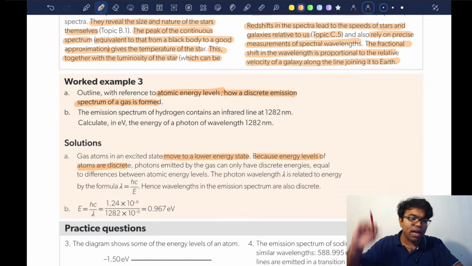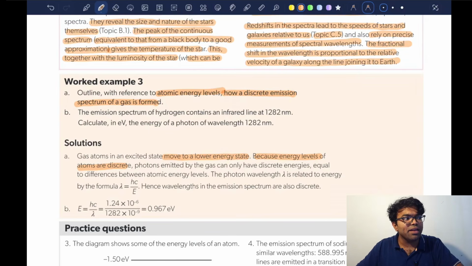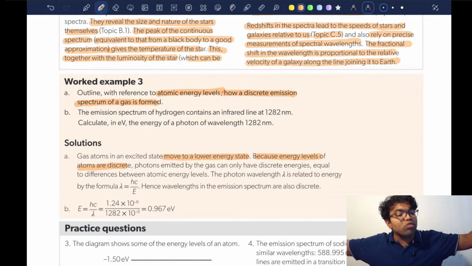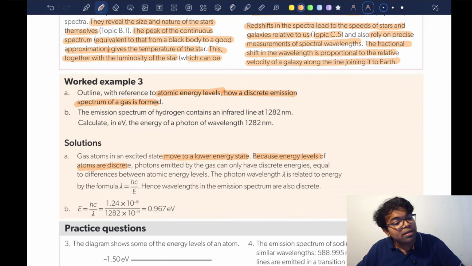So it basically means that the electron could be anywhere around the nucleus. If it were a continuous band, you would say that the electron is free to stay at any position it wants. But we say that no, that's not possible. Electron can only stay at discrete energy levels.